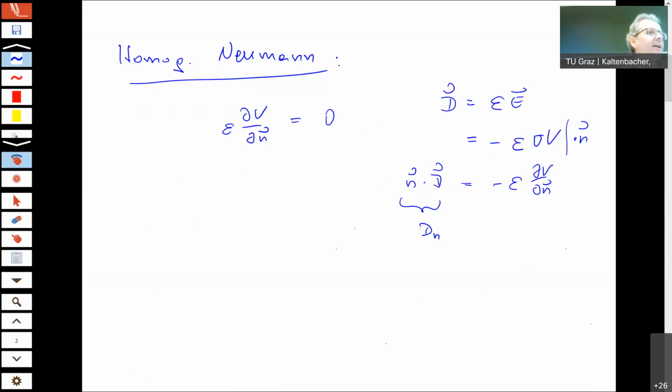Yeah, but let's think physically. Which kind of charges do we have? Yes, exactly. This would be surface. That would be something like a surface charge. Yeah. So this value we have here then would be not 0, but would be any value of a surface charge. Yeah. So that comes in naturally then. Yeah. A surface charge density.